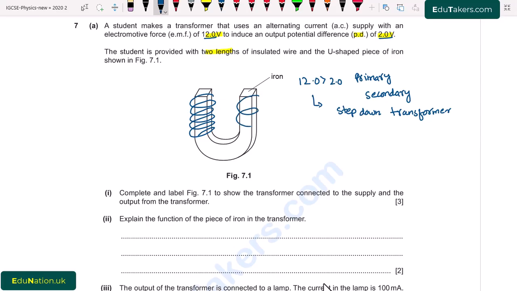So it's the primary coil because the number of turns here is larger. And it's the secondary one.